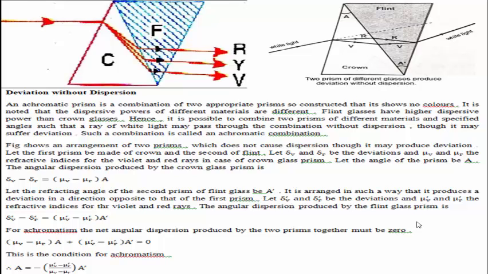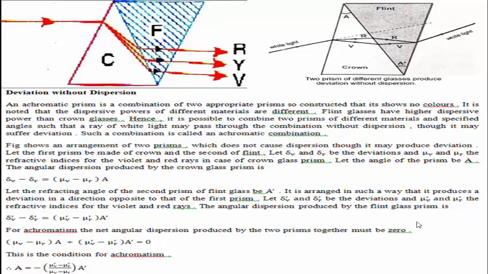Let the angle of the prism be A. The angular dispersion produced by the crown glass prism is deviation for the violet color minus deviation for the red color is equal to the refractive index of violet minus the refractive index of red multiplied with the angle of the prism, that is A.